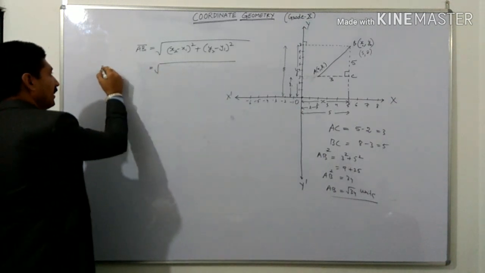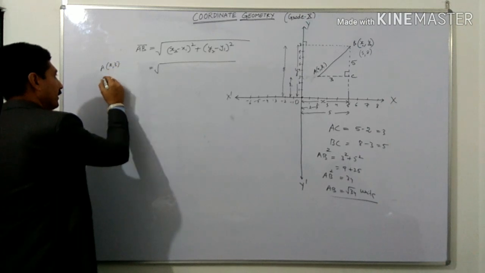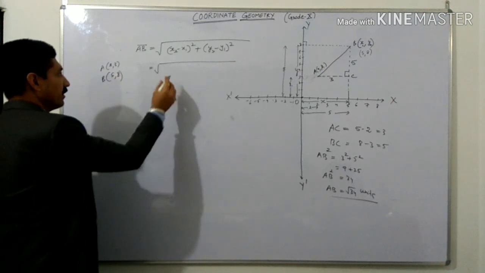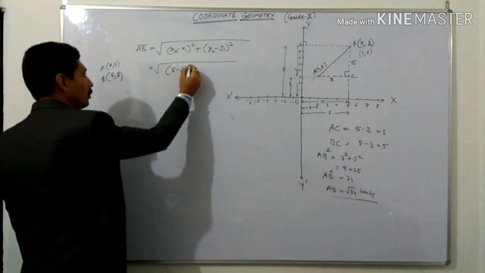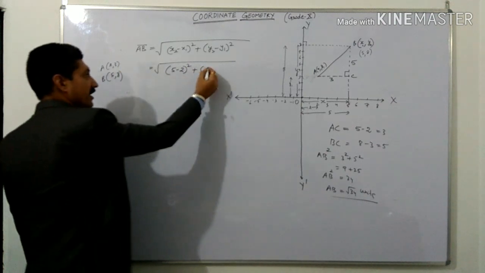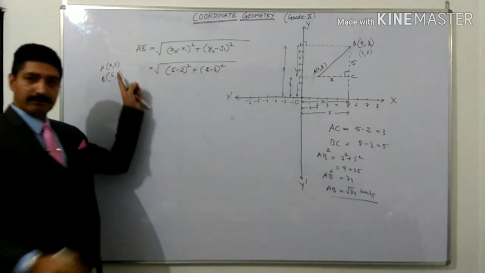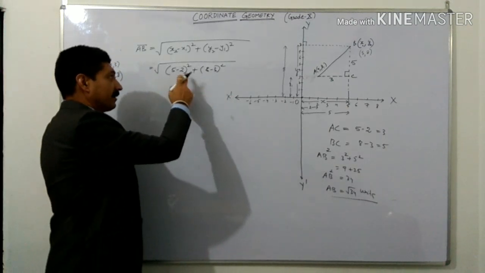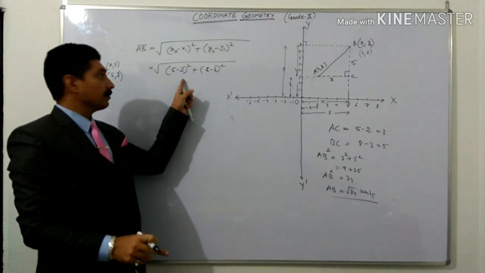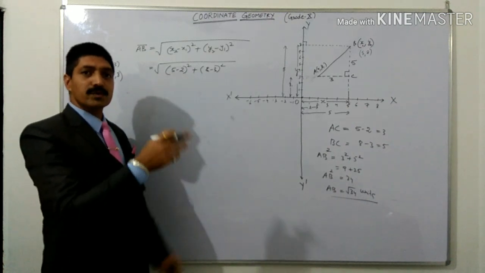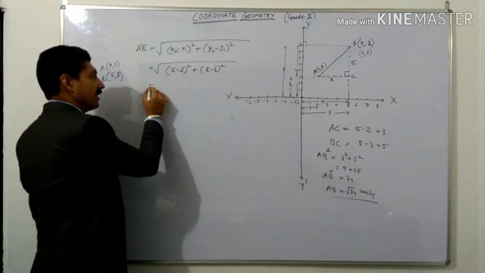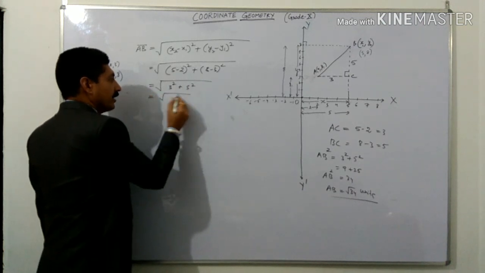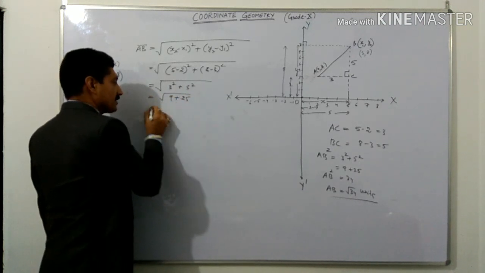So we get 5 minus 2 whole square plus 8 minus 3 whole square, y from y and x from x. It hardly matters if we subtract 5 from 2, meaning 2 minus 5, since the square of the number is always positive. So this is 3 square plus 5 square, equal to 9 plus 25, that is 34 units.